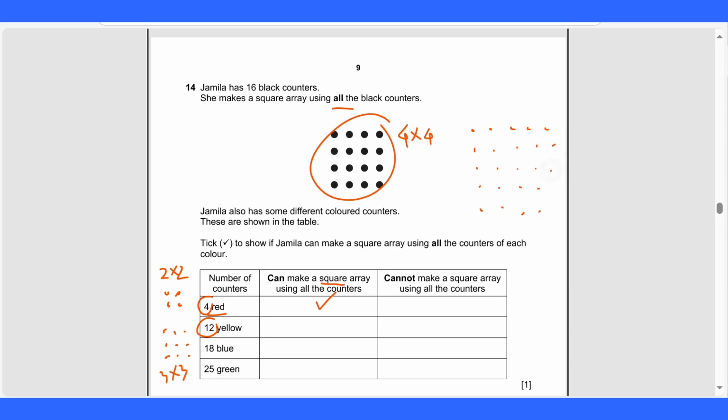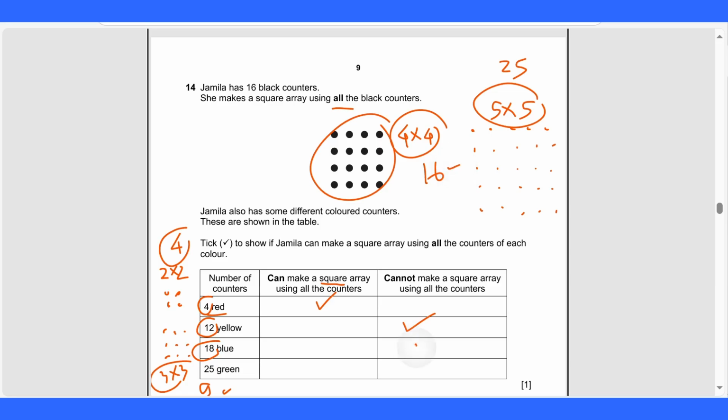So the number that can make the square has to be a number that we multiply by itself. We get 25, this we get 16, this we get 4, and this one we get 9. So 12 is not, so we cannot use 12. It will be left over 3. 18 cannot, because after 9 is 16, so cannot. 25, yes. Okay, we hope it's clear. Let's move on.